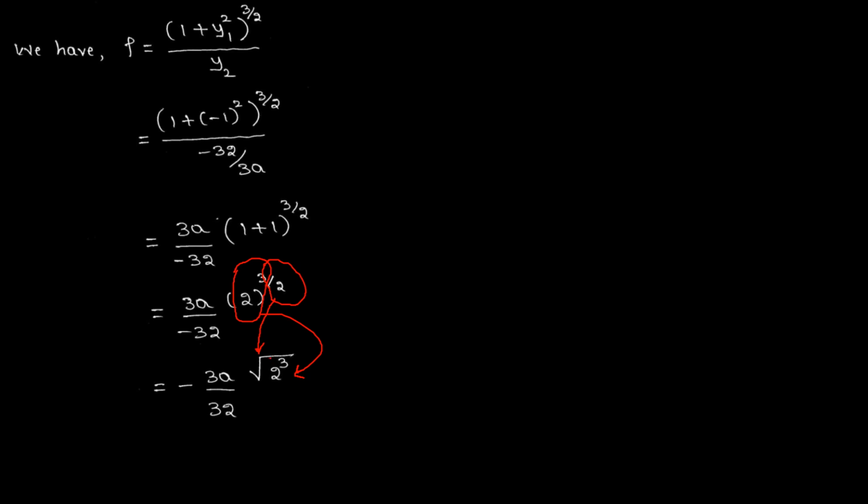Now this 2 cube can be split as 2 square into 2. We all know root for this square gets cancelled. This 2 will come out as just 2 and root will remain for this 2.